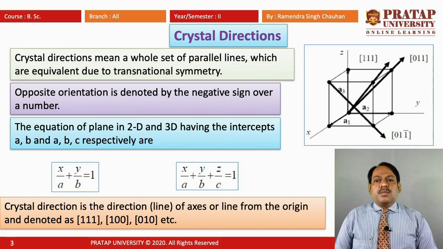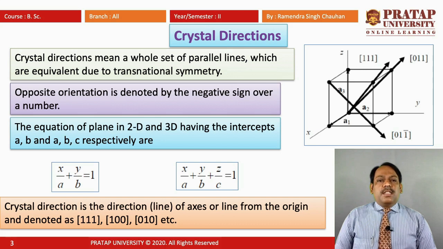The equations of a plane in 2D and 3D having the intercepts a, b and a, b, c respectively are x upon a plus y upon b is equal to 1, or x upon a plus y upon b plus z upon c is equal to 1. And crystal direction is the direction or line of axis from the origin, denoted as 1, 1, 1, 1, 0, 0, 0, 1, 0, etc.